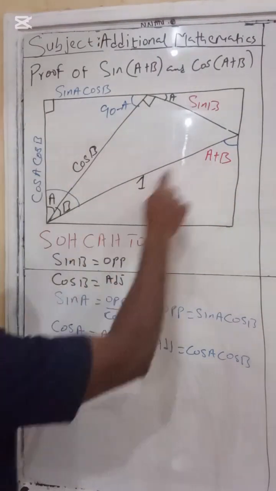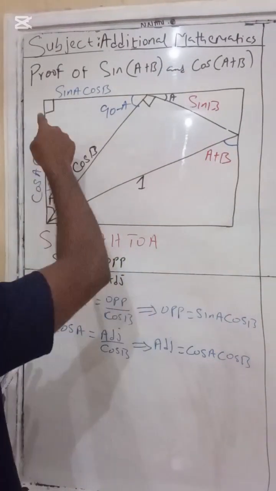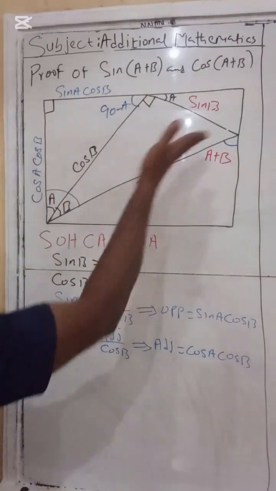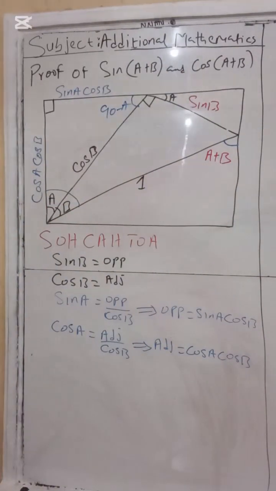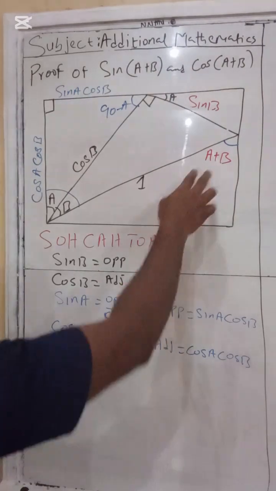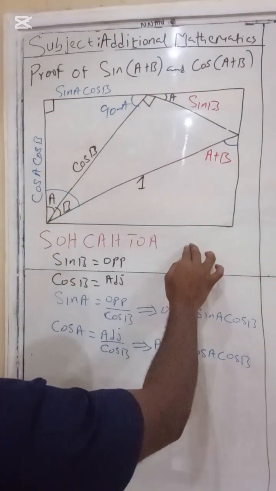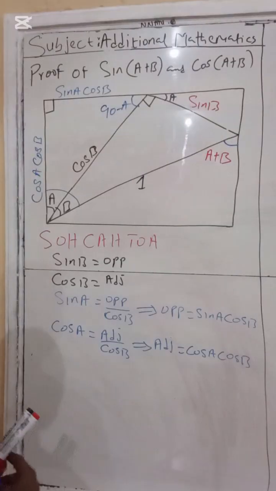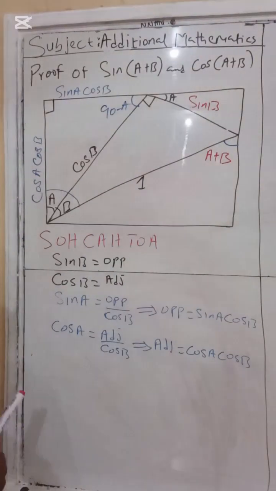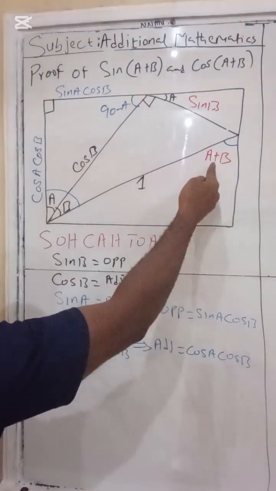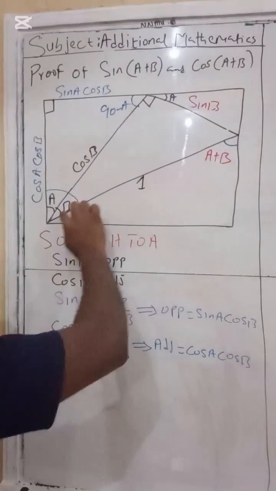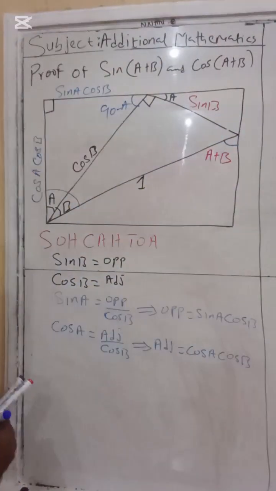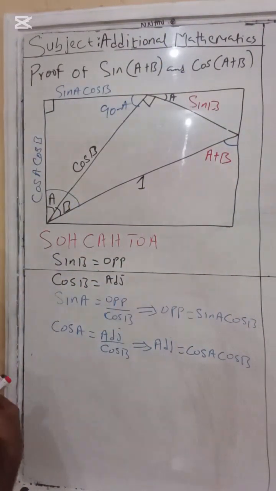Look at the Z. Here alternates to here, because this is the transversal that cuts them across. So from this angle now, we're going to find here and also find here. So using this angle, here becomes opposite because any side facing the angle is opposite, and here remains the hypotenuse. Is that okay?